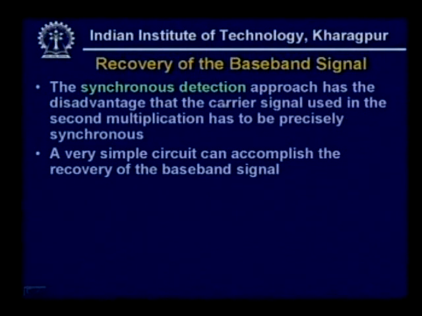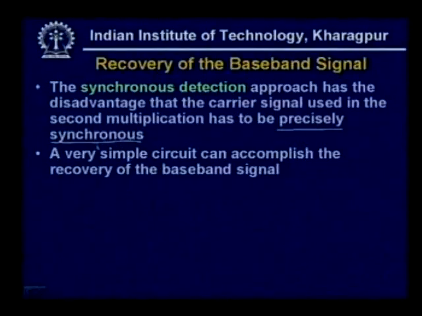So, the synchronous detection approach is straightforward, but it has a disadvantage that whenever you do the multiplication, then that carrier signal which you are using for multiplying the second time has to be precisely synchronous. That means, there should not be any phase difference. If there is any phase difference, then after multiplication the signal that you get will not be the baseband signal.